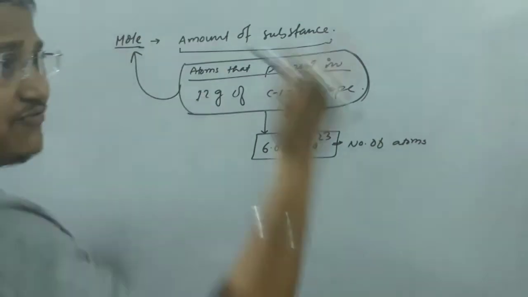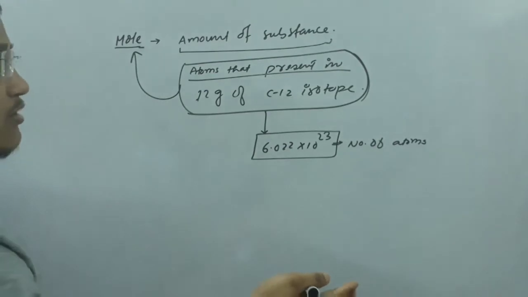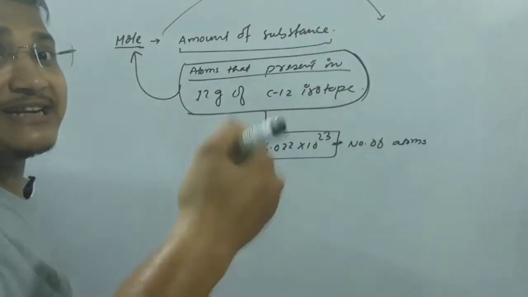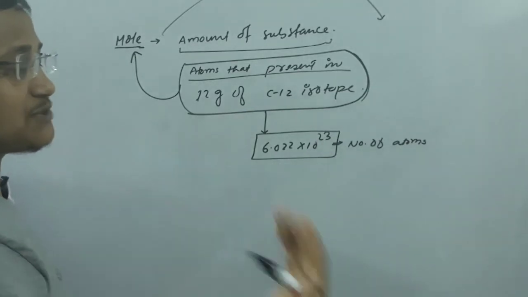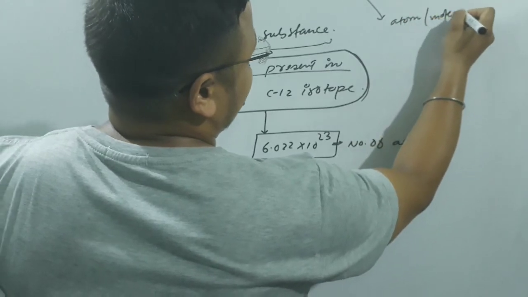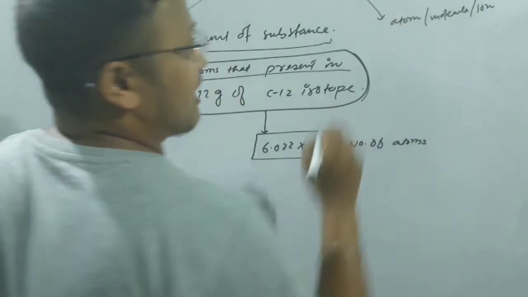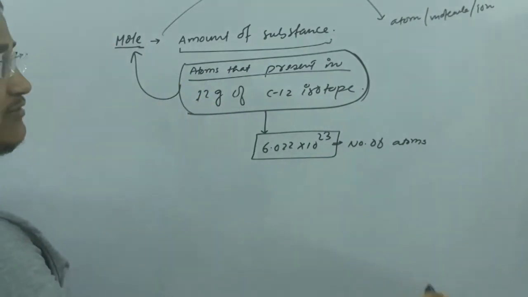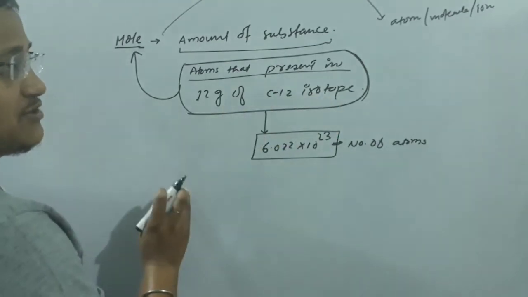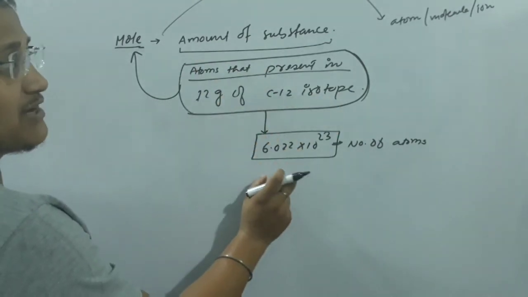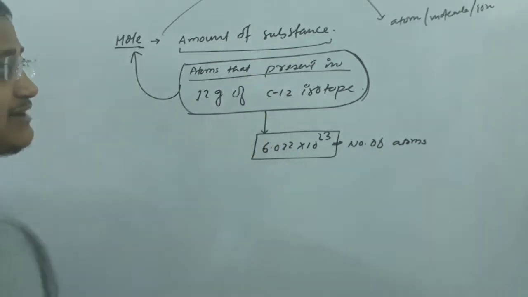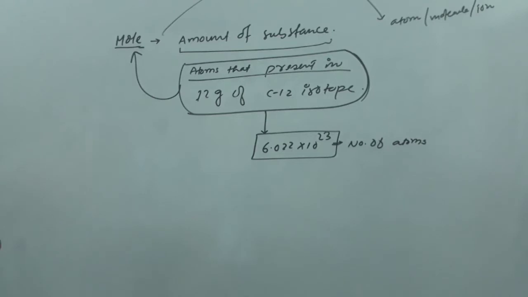So when we define mole, it is defined as the number of chemical entities, which may be atom, molecule, or ion, that are present exactly in 12 gram of carbon 12 isotope, which is equal to this particular value.